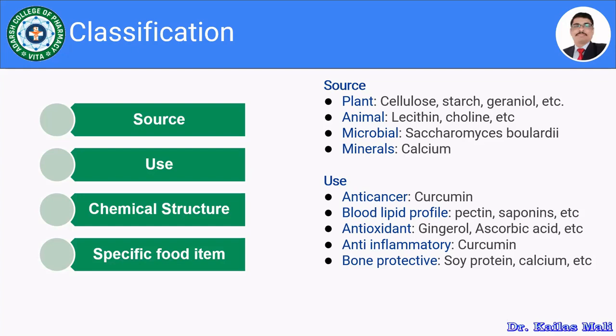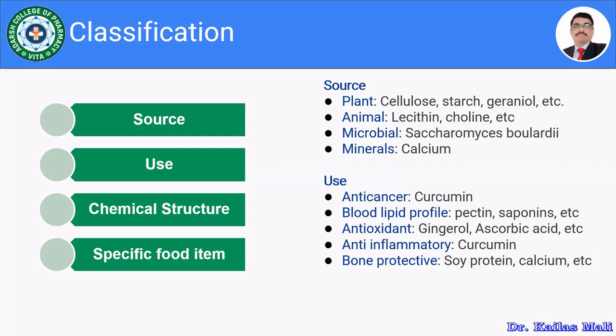Okay. According to their use or pharmacology, you can say the nutraceuticals are going to be classified as anti-cancer, for example, curcumin. Then for management of the blood lipid profile, for example, pectin, saponin. Then antioxidants, for example, gingerol, ascorbic acid.